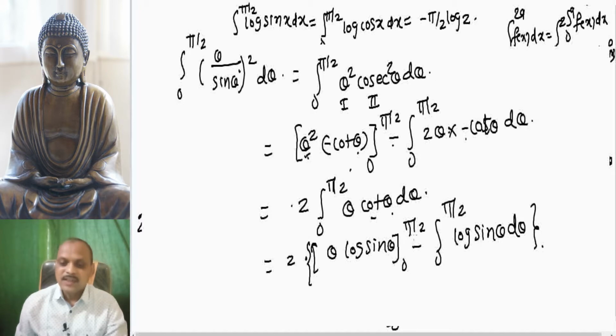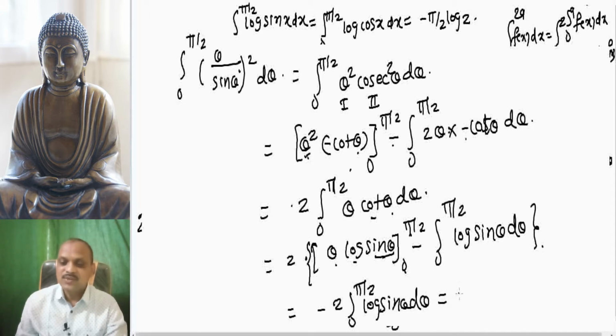Here sin pi by 2 equals 1, but log of 1 equals 0. So for the first part, at the upper limit we have 0 and at the lower limit we also have 0. Then we have minus 2 into the integral from 0 to pi by 2 of log of sin theta d theta.